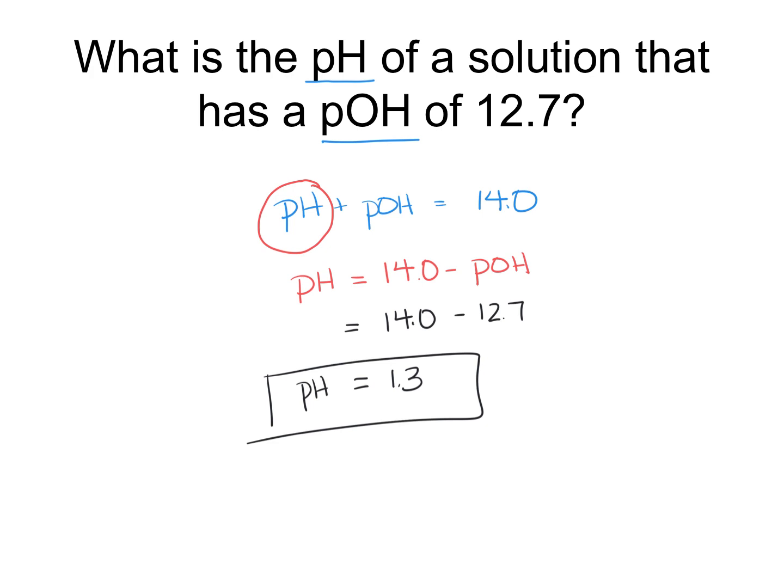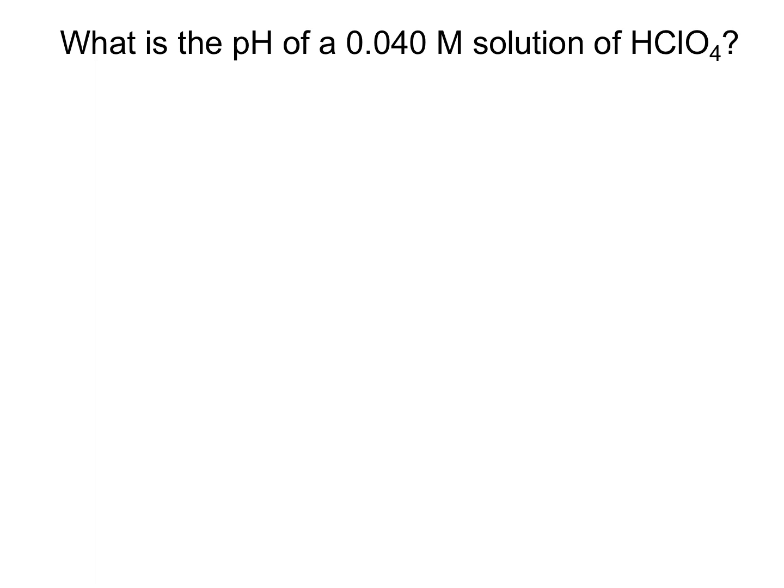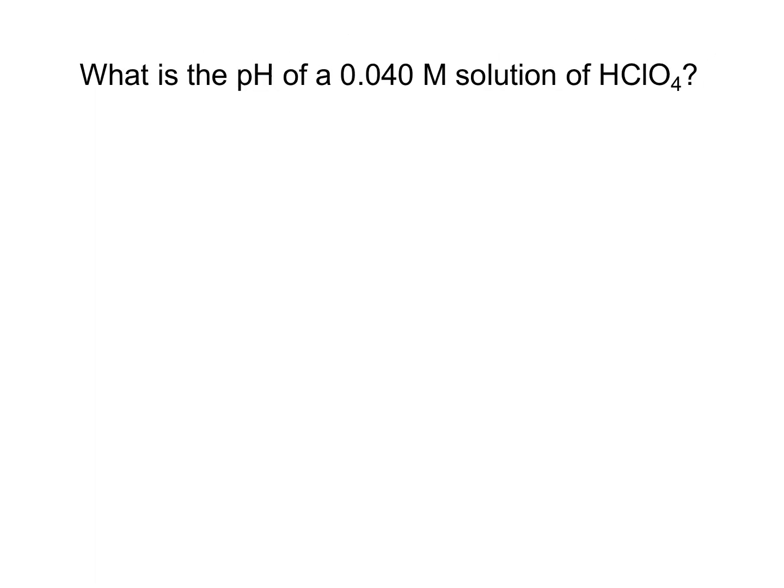Now, another type of question that you'll run into is, what's the pH of a 0.040 molar, or molarity, that's the capital M, solution of HClO4? When you run into this type of question, you're going to use pH equals negative log, and you're going to use the concentration of the acid.